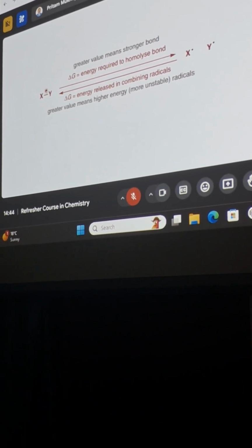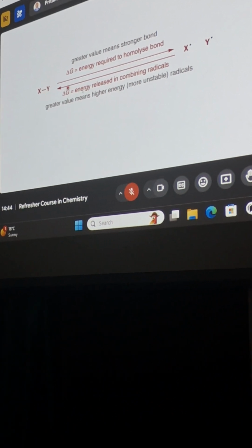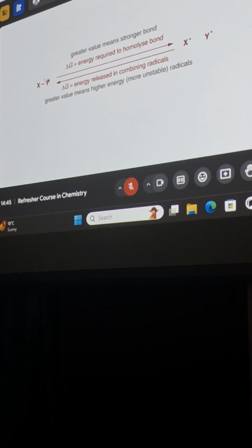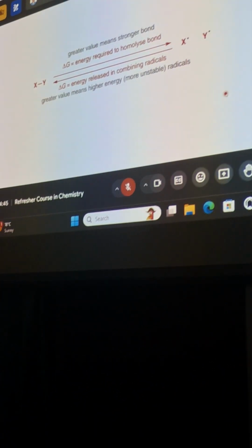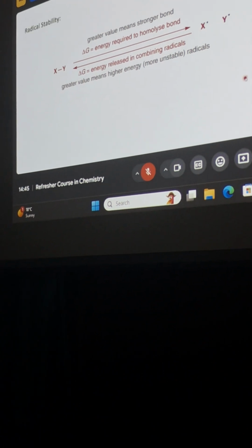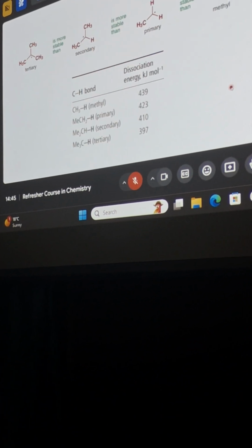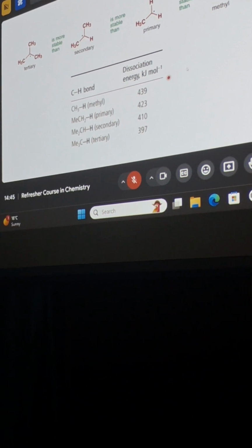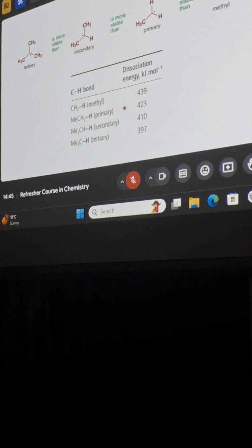As we have already seen, if XY is very weak, we can easily get these radicals, and if XY is strong, this molecule will be very difficult to make into radicals. This is a very simple understanding which we have already discussed, but this is the basic thing about radical stability.